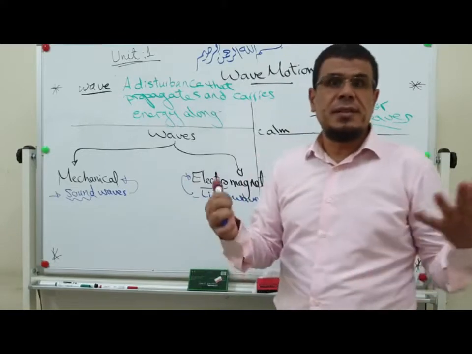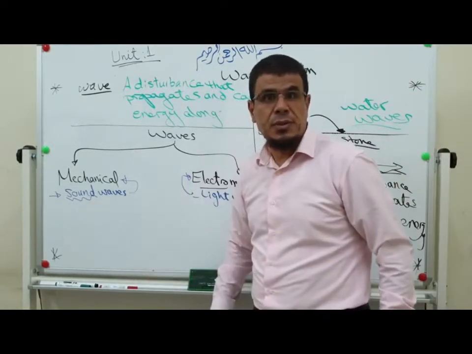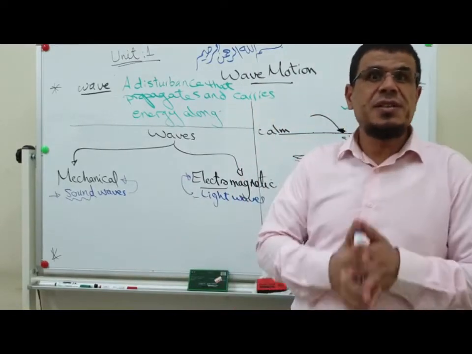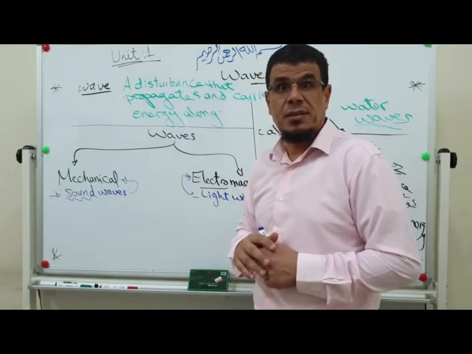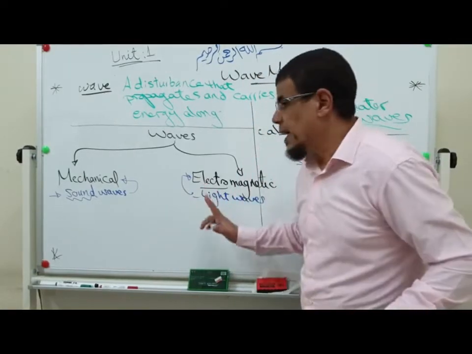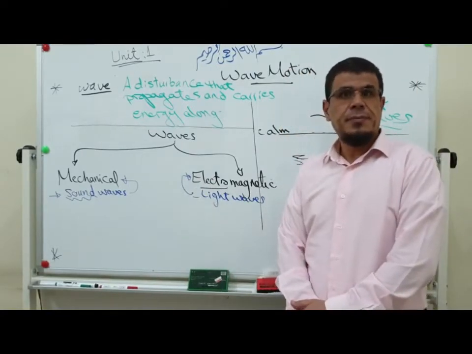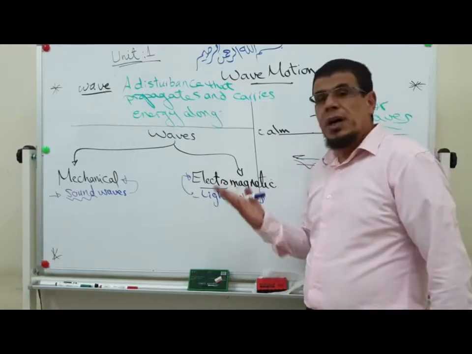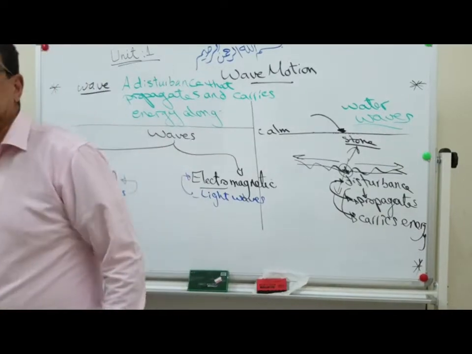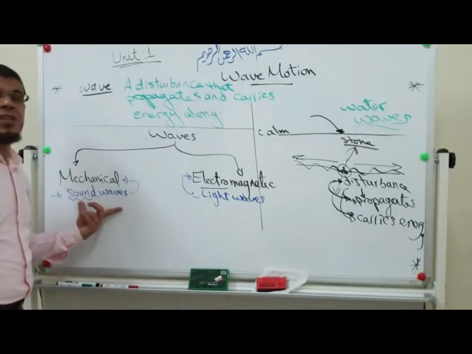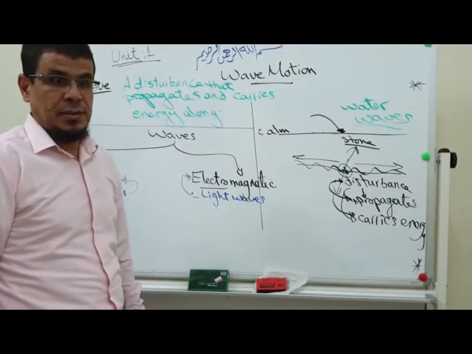So the explosions in the sun produce light and produce sound. What reaches us, sound or light from the sun? Light only reaches us from the sun. We don't hear any sound coming from the sun. Why? Because sound cannot travel through space, but light can travel through space.